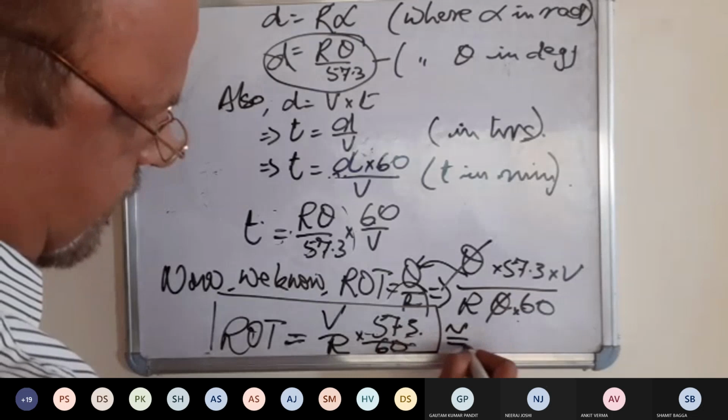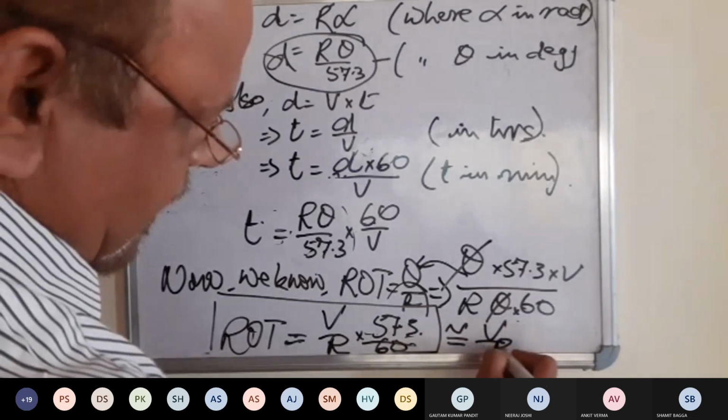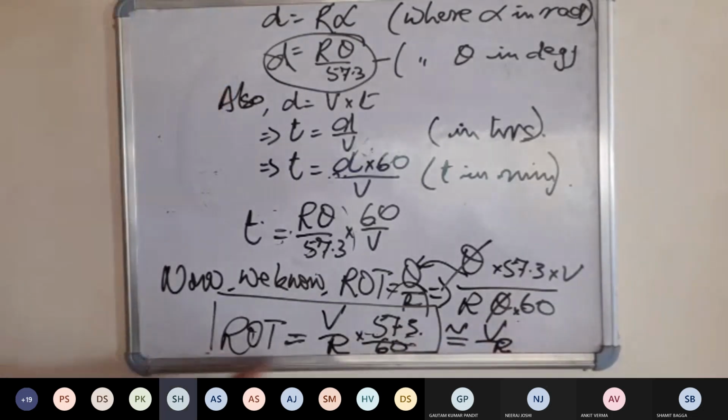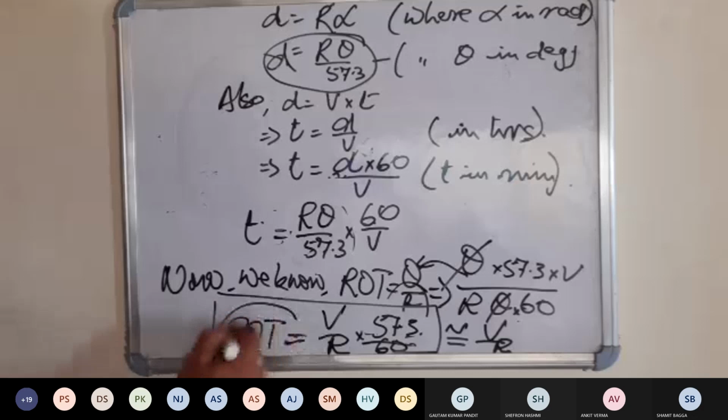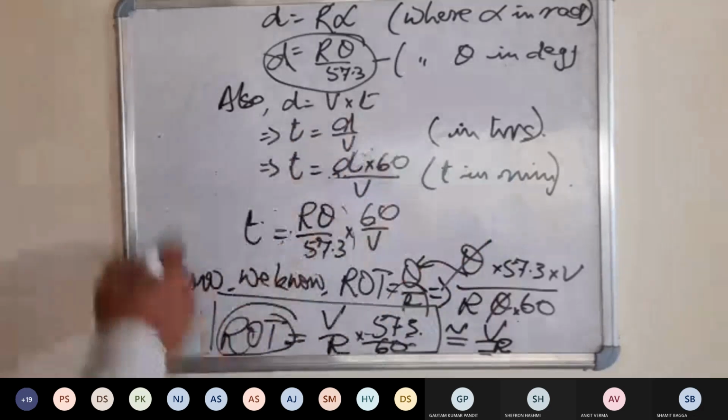This is very much approximately equal to V by R. Correct? 57.3 by 60 is how much? 0.955, so almost equal to 1. So what we have, ROT is equal to V by R.